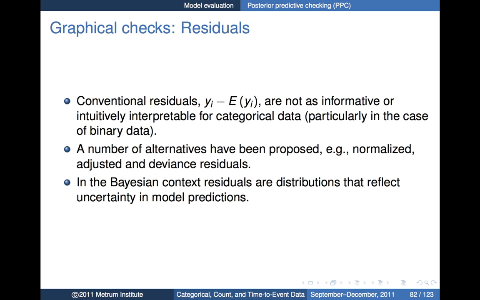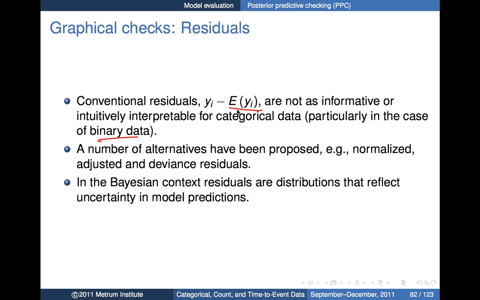Okay, so I want to talk about another category of graphical checks, specifically residual analysis, and a few comments before we jump into it. First of all, conventional residuals, where we take our observed value minus an expectation based upon the model, are not as informative or intuitively interpretable as they are for continuous data, particularly when we're dealing with binary data.